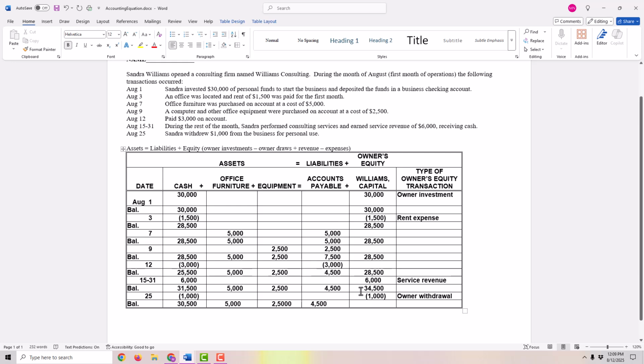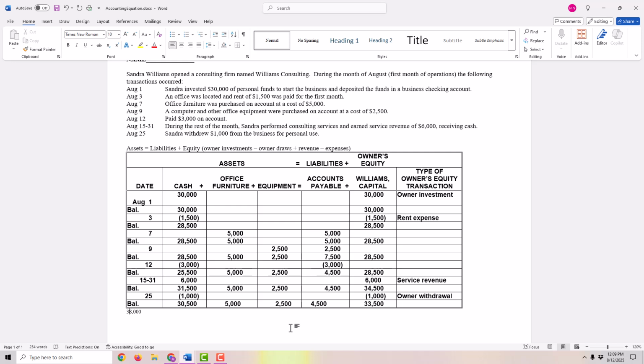And then for capital, I would take 34,500 minus 1,000 to get 33,500. And that's it. You would then want to add up the numbers at the bottom. So there's an extra 0 there. And then you would want to add up the numbers on the left, and you should get 38,000 for that.